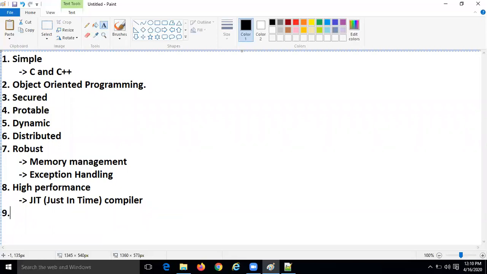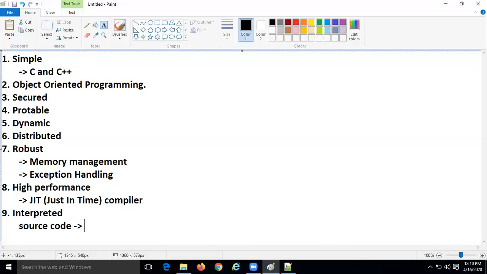Okay, next one. Number 9. Java is interpreted. Interpreted means what? Simple. In C, the compiler is different, the interpreter is different. Agree? But in Java, compiler and interpreter come together. Java compiles the source code. Source code is developed by ourselves, right?